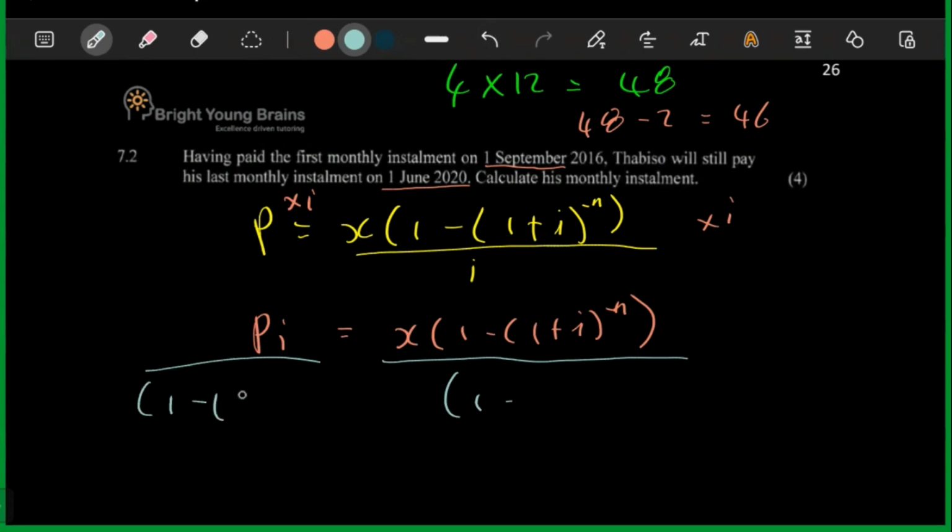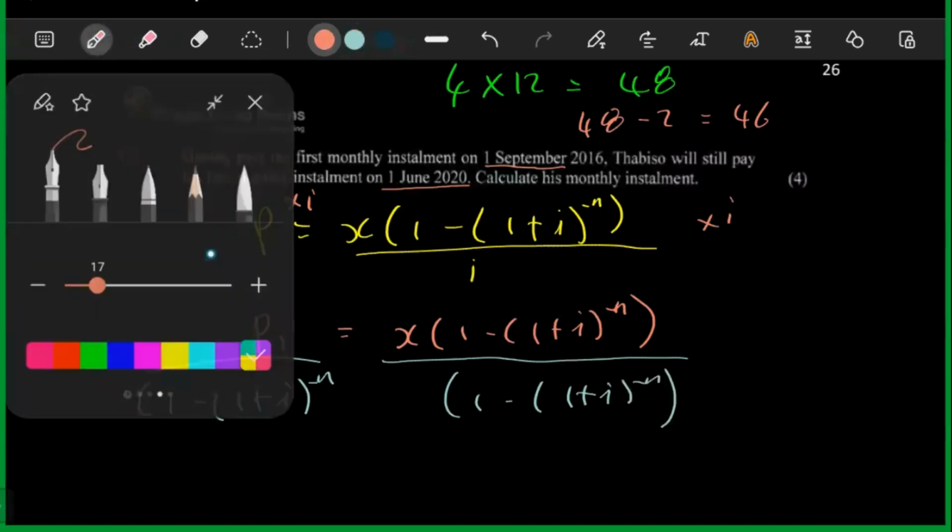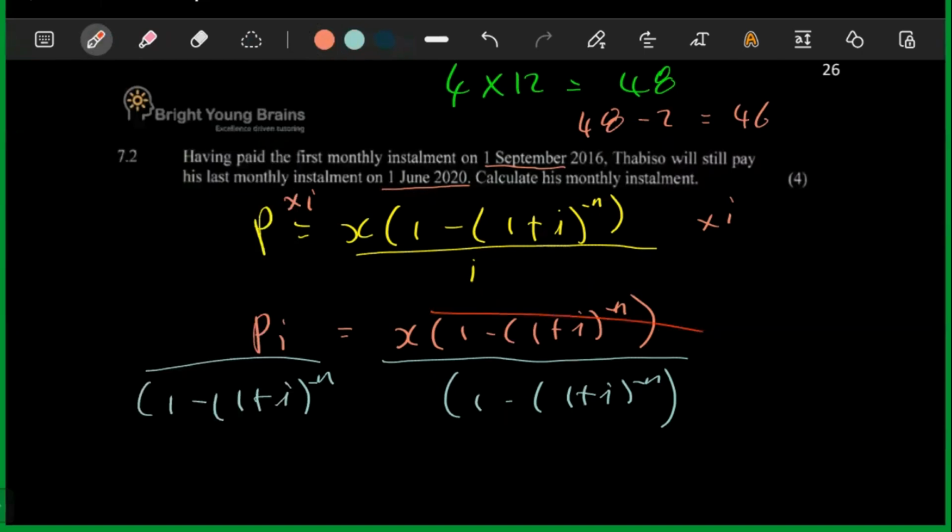This cancels out, the bracket is gone. So doing this, you have isolated x, meaning you can now make x the subject of the formula.